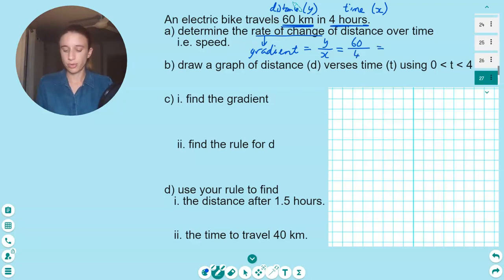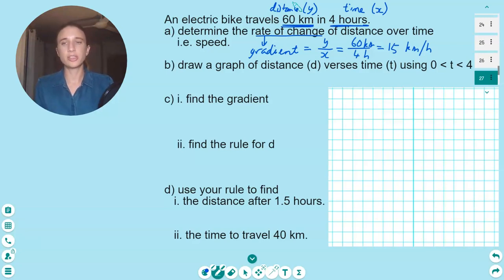Could probably do it in my head, but I didn't. 15. And I'm going to include the units. So we had our y variable was kilometers. Our x variable was hours. So kilometers per hour. You can rewrite that fraction sign like that.